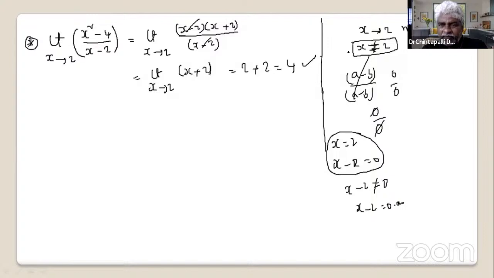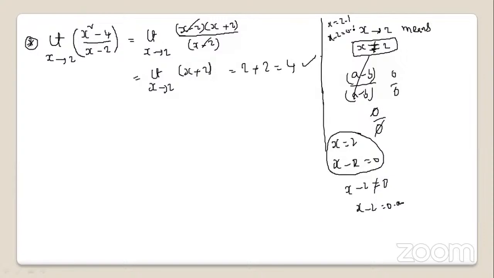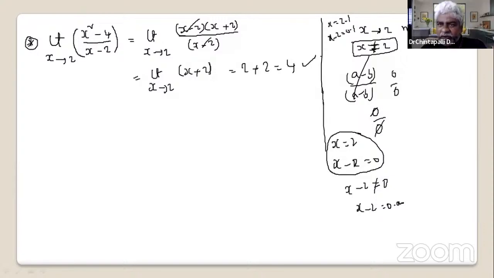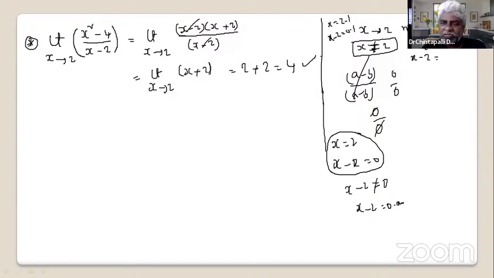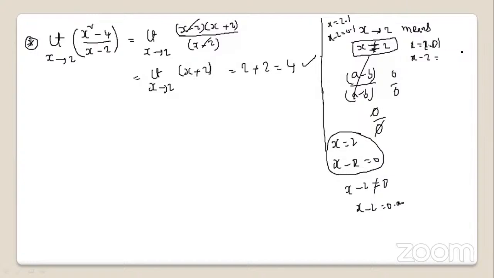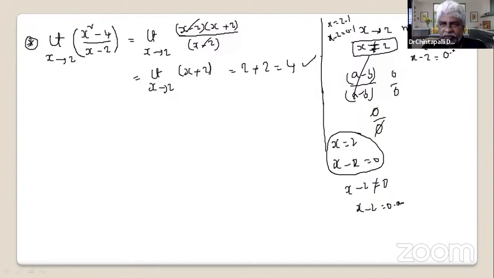The values of x are maybe 2.1. If x is equal to 2.1, then x minus 2 is 0.1. If x is equal to 2.01, then x minus 2 is 0.01.